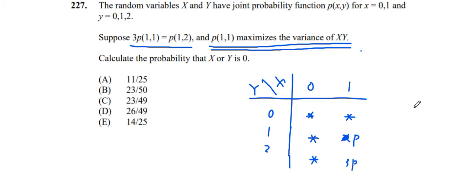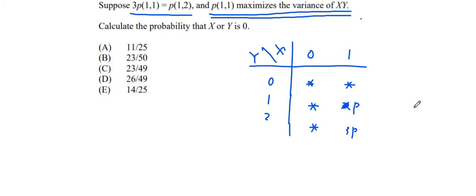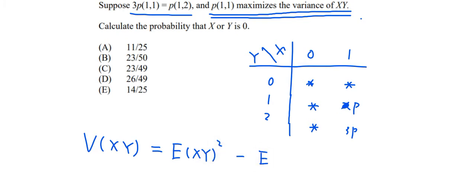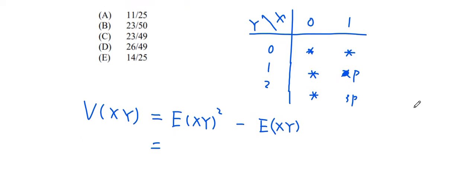So let's check what the variance for XY is. V of XY equals E of (XY) squared minus (E of XY) squared. So what is (XY) squared?